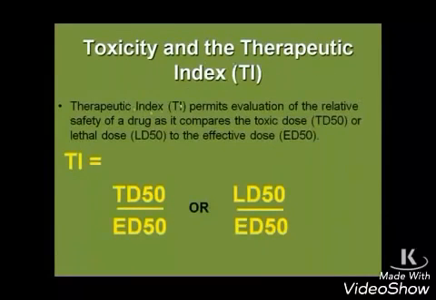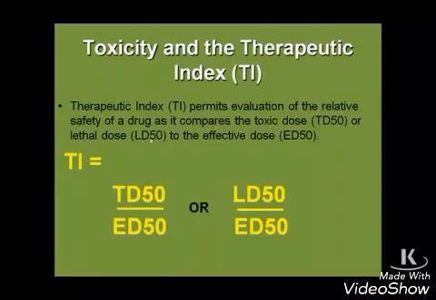You can also use these types of curves to calculate a therapeutic index. Now, therapeutic index gives you a measure of the relative safety of the drug. Therapeutic index along with therapeutic window, which we mentioned earlier, are both good estimates of the safety of a drug. And with a therapeutic index, you're actually going to compare the toxic dose 50, which is the dose that's toxic to 50% of the population.